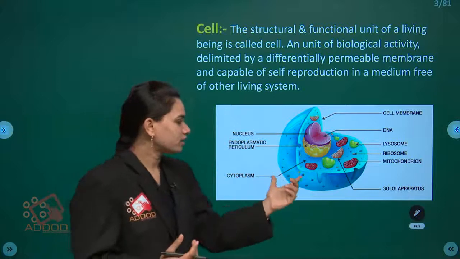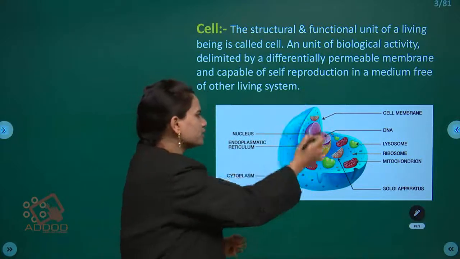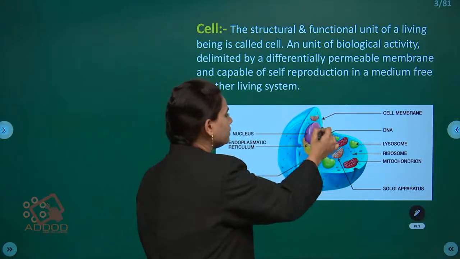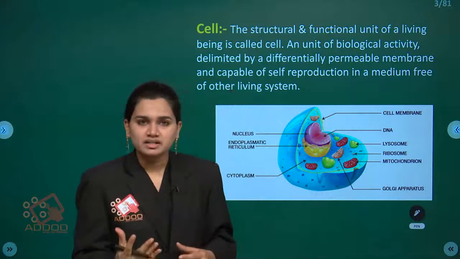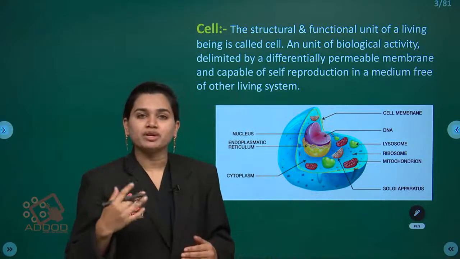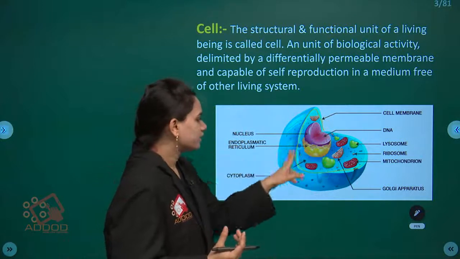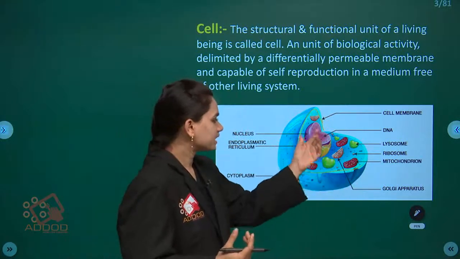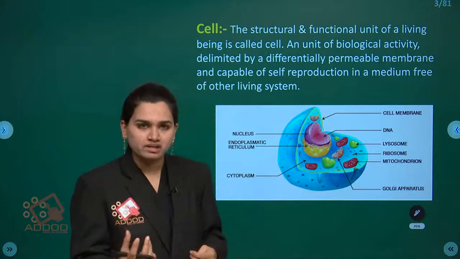Now this is what a typical cell looks like from the inside. Usually it is surrounded by a membrane in the case of animals, whereas in the case of plants the cell membrane will be surrounded by the cell wall. The cell is surrounded by the plasma membrane, and inside it consists of a fluid called protoplasm.